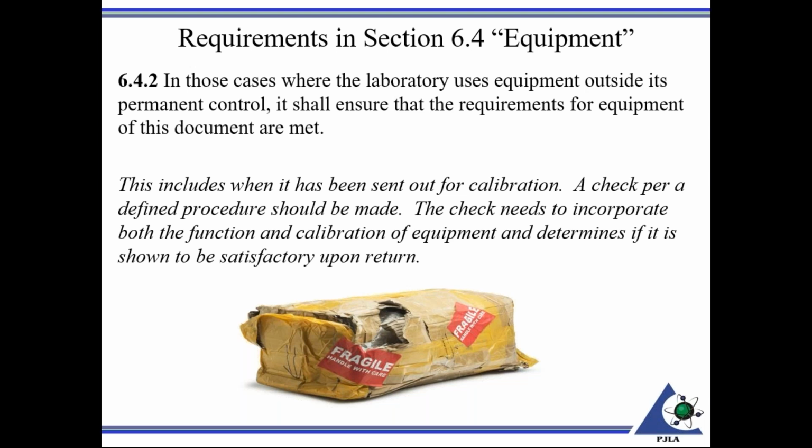For those of you that send your equipment out for calibration, if you think about it, when that equipment is being shipped out and also when it's being returned to you, there is a period where it is outside your control.